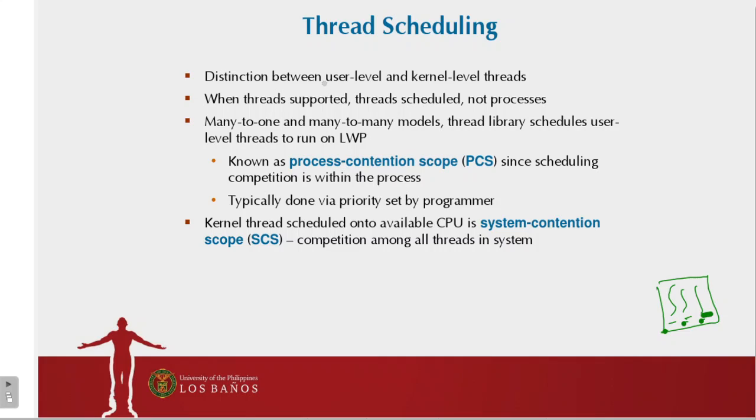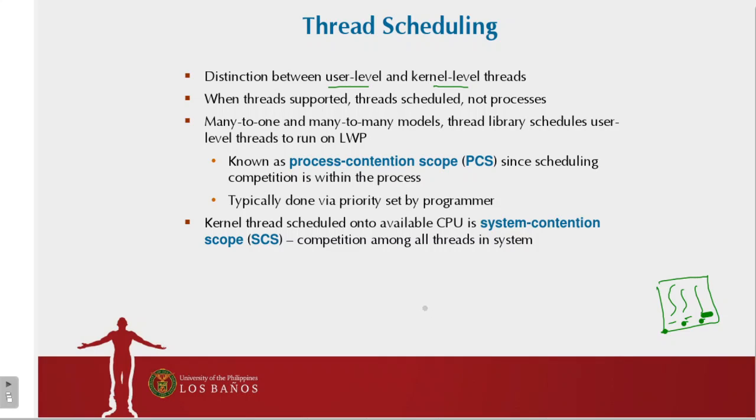And recall that we also have a distinction between user level and kernel level threads. User level threads are the threads managed by the thread library like pthread, and kernel threads are the threads that are managed by the operating system kernel, and these kernel threads are actually those that are executed on the hardware.